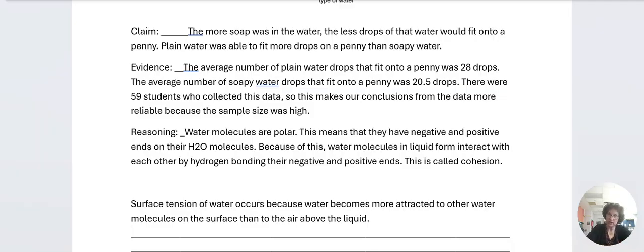So let's say that. Some of you actually said that, and I thought that was a really good thing to say. Surface tension of water occurs because water becomes more attracted to other water molecules on the surface than to the air above the liquid.